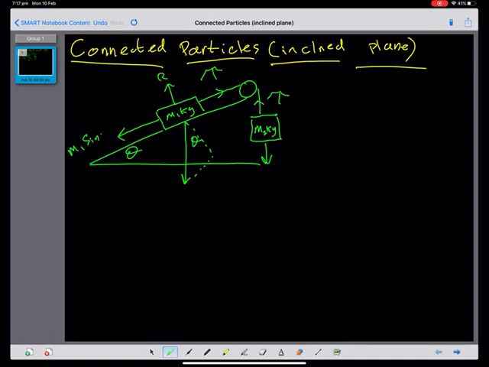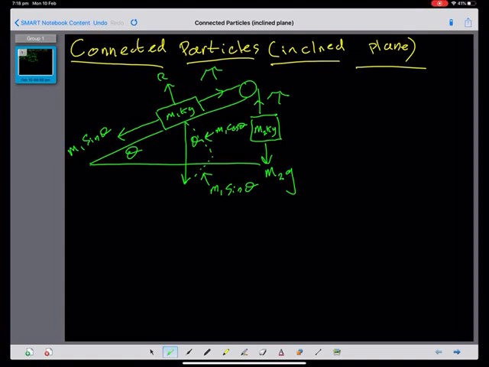This is the resultant weight acting down the plane. There's no vertical movement, the particle is at rest vertically, so that is m1 g cos theta. And we've got a weight acting down, m2 g, where g is the acceleration due to gravity.